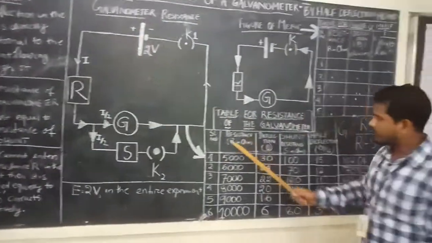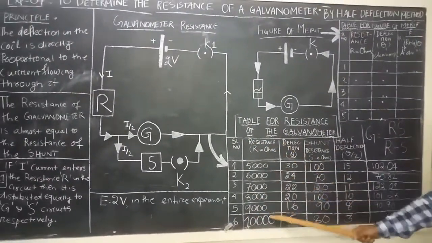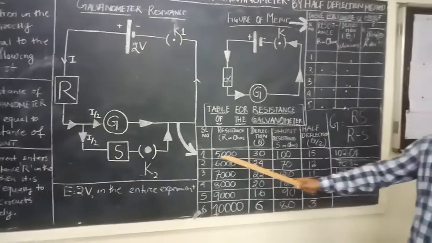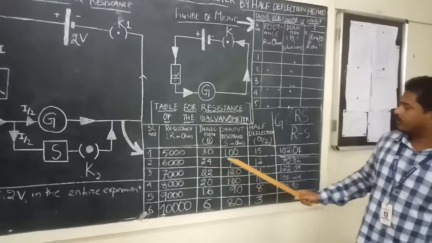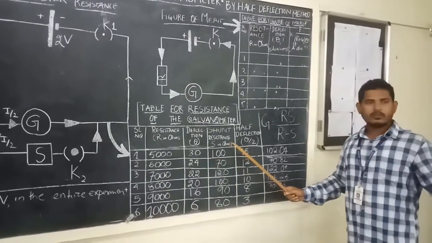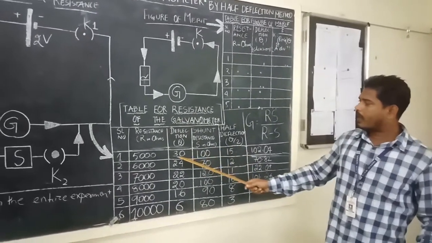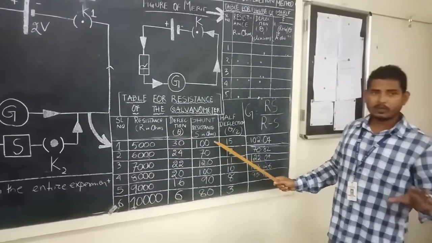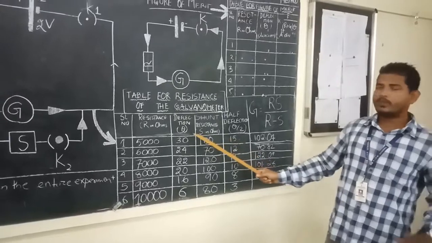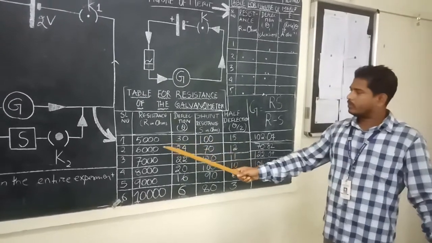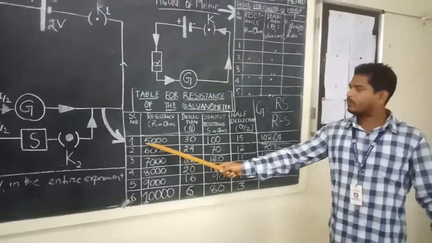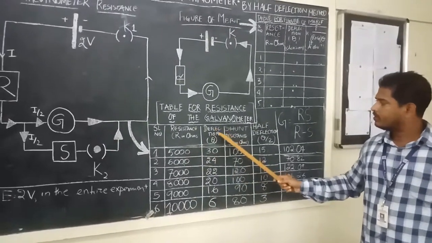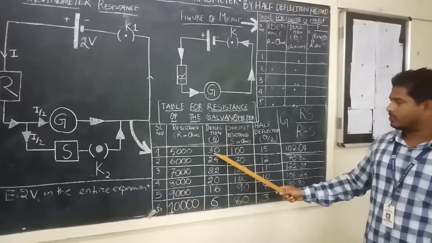Now, serial number, second is resistance R in ohms, then the deflection that you get in the galvanometer coil for a particular resistance in the circuit. Then we will find the half of the deflection in the shunt circuit for a particular shunt resistance. Suppose at 5000 ohm resistance in the circuit, the deflection in the galvanometer is 30 divisions.